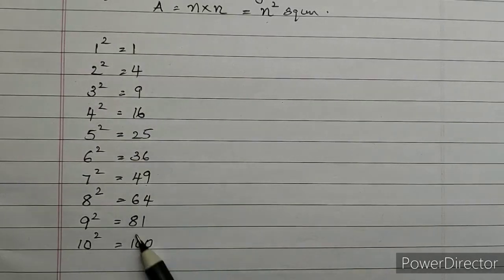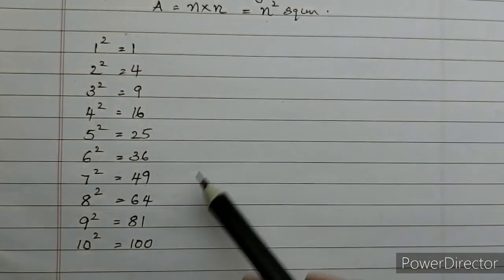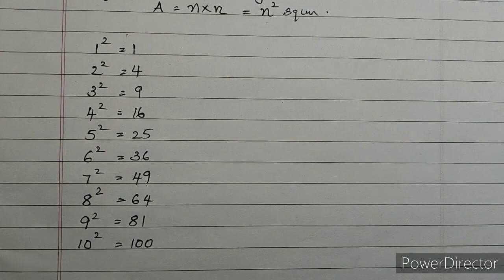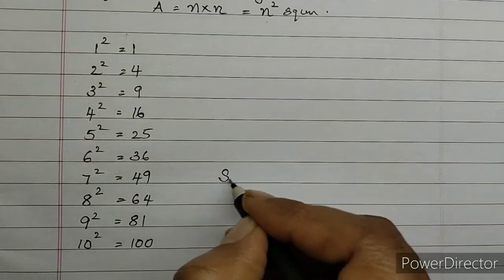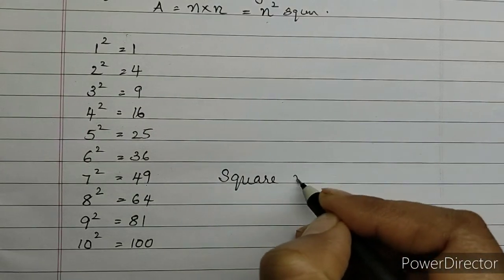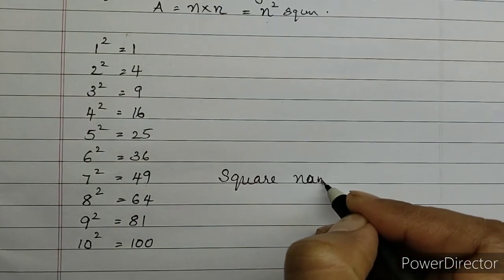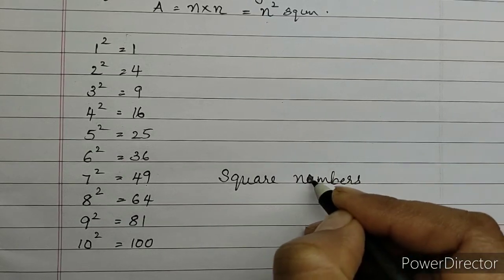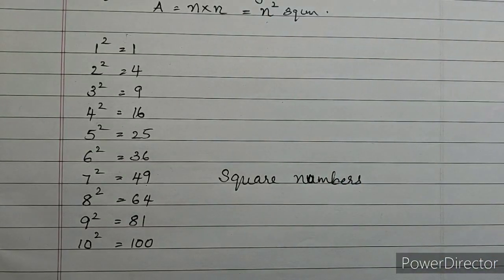So what are these numbers called? These numbers, the answers, what are they called? These numbers are called square numbers. Why are they called like that? Because we are getting those numbers by multiplying the same number 2 times.